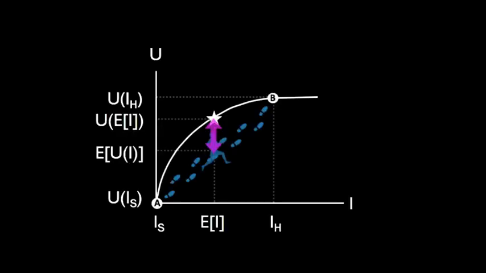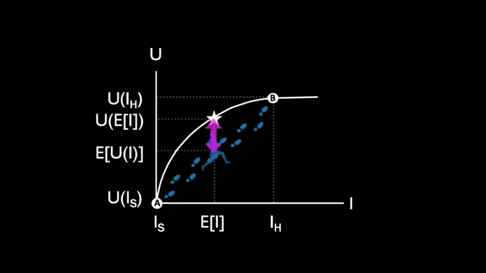Okay, now we're really going to do a mental backflip. So what I want you to think about now is, what is the difference between a person's expected utility and the utility they would get from an expected income? Conceptually, what is the vertical distance between the position of the star and the position of the man along the path?